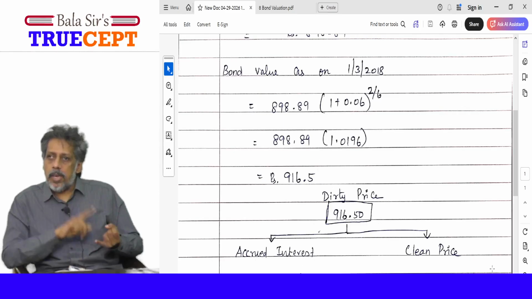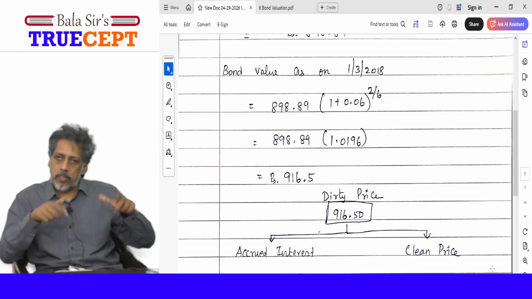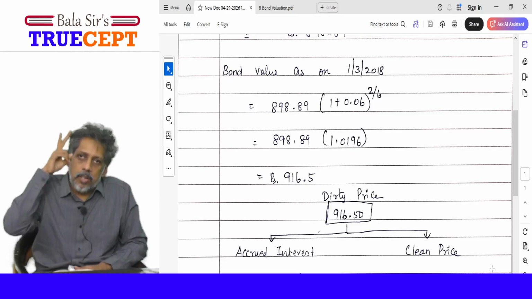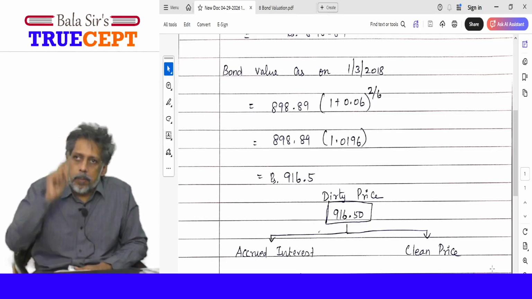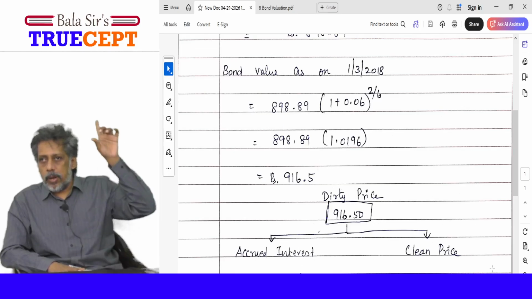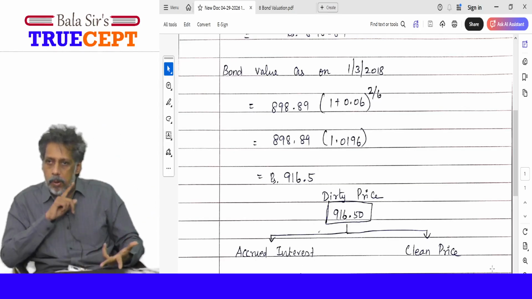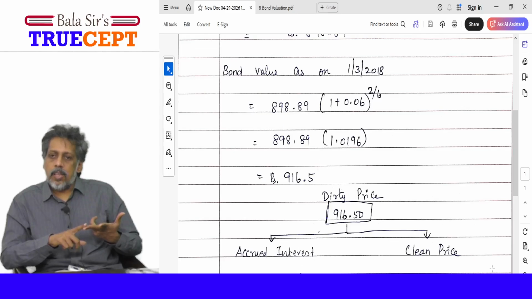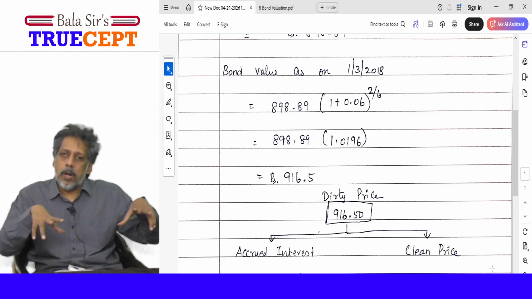So it will be 2 by 6. This is for 6 months. What is for 2 months? So into 2 by 6 or 1 by 3.